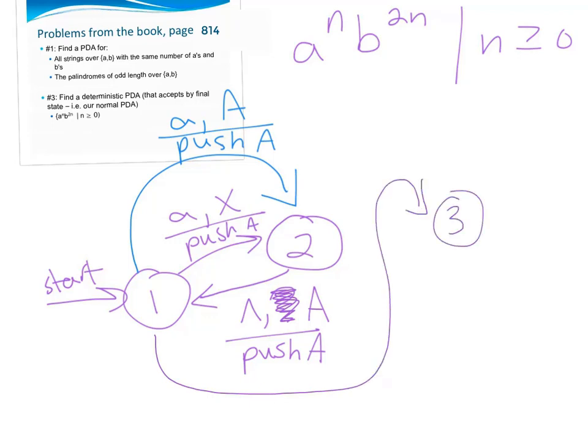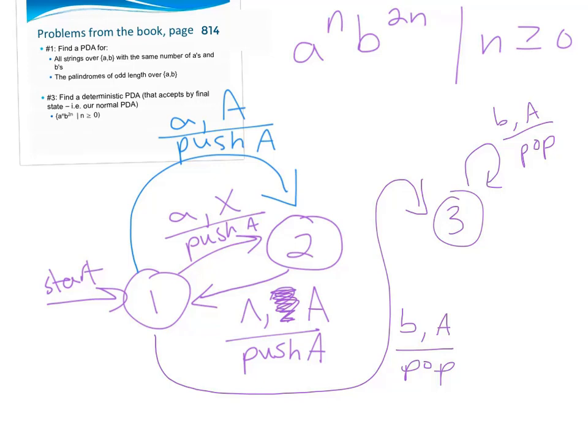If I see a B, there darn well better be an A on the top of the stack, and I will pop. And that's going to be true as I hang out at state 3. If I see a B, there better be an A at the top of the stack, and I'll pop. So even though I have twice as many B's, I've pushed extra A's to compensate for that.